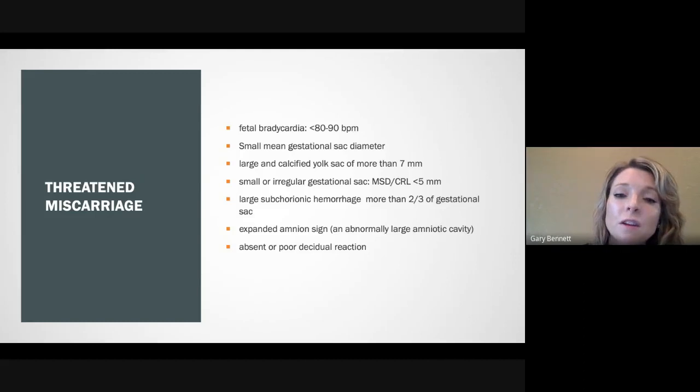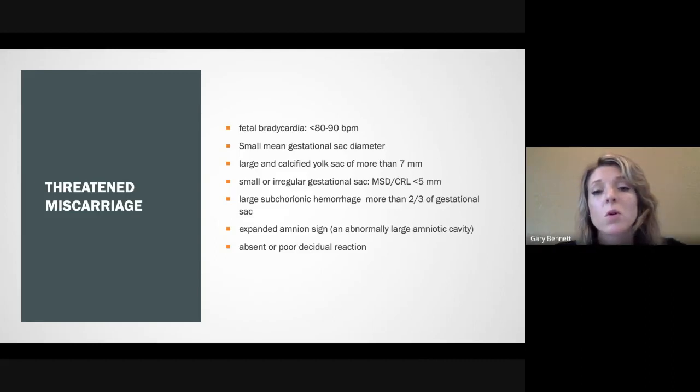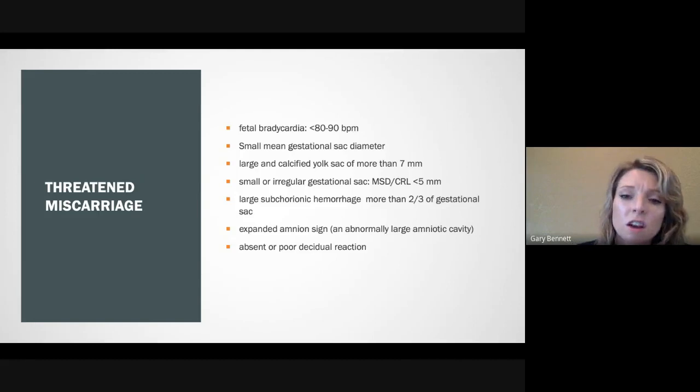However, if it does rupture, and it'll depend on which side of the gestational sac that subchorionic hemorrhage is located, it can take the gestational sac with it, essentially. So that's definitely going to be a concern if you see a really large subchorionic hemorrhage.